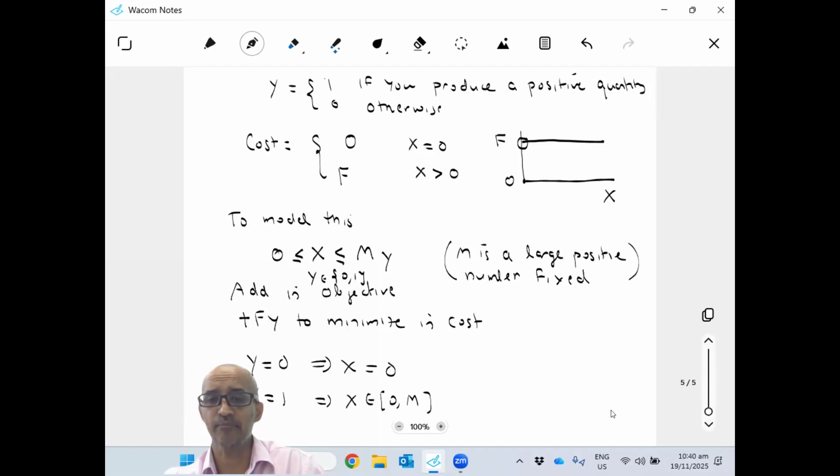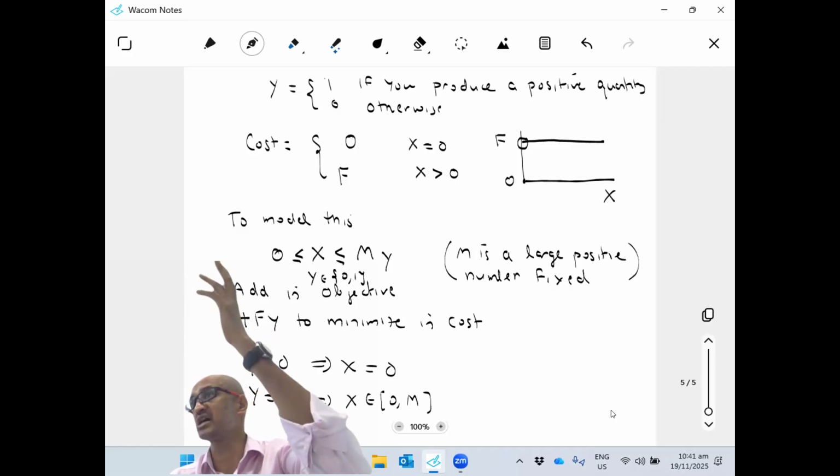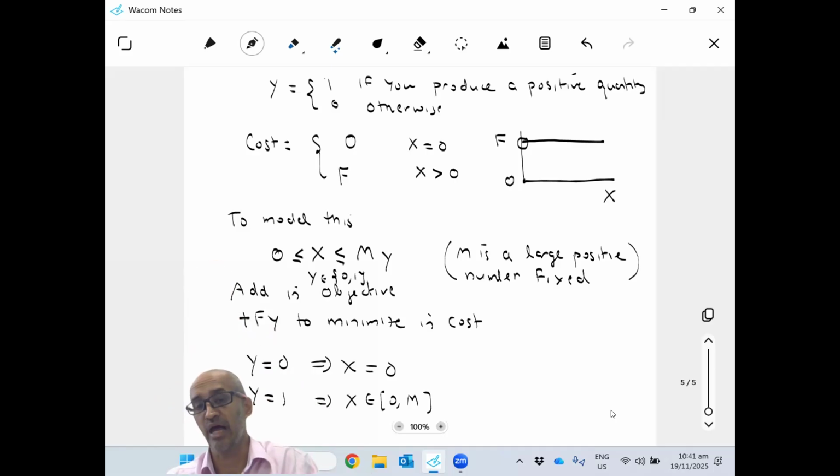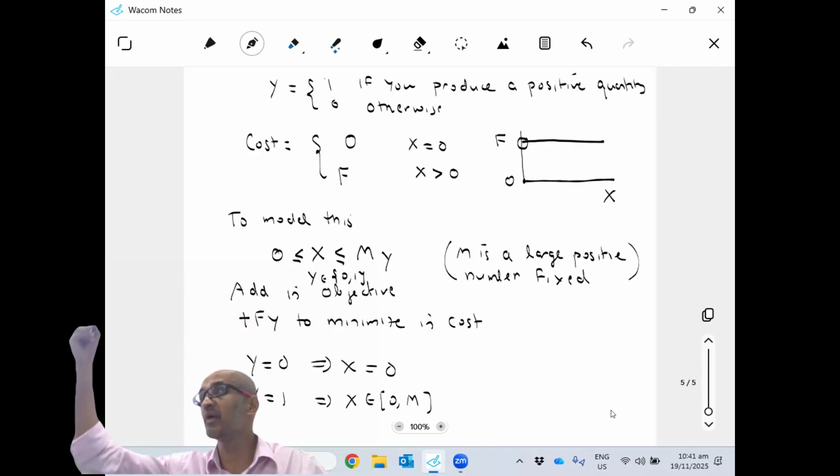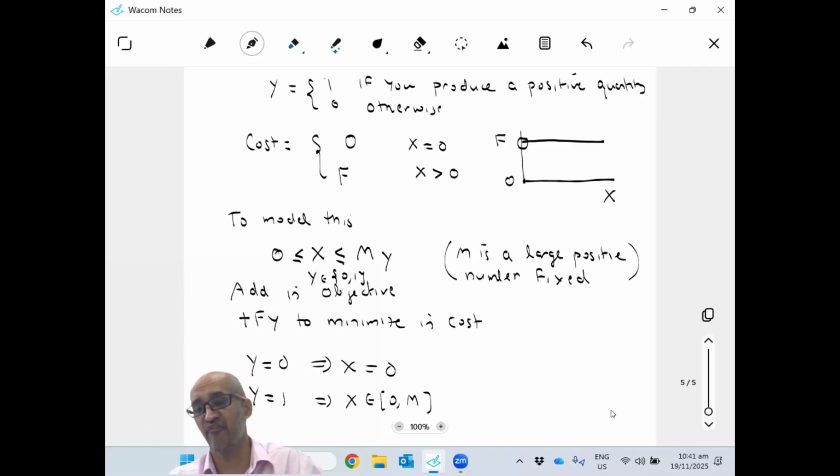Let's say I'm solving an optimization problem, and X is 0 in the optimal solution. I decide not to produce anything. Because I'm adding F times Y to the objective and trying to minimize costs, it will force Y to be 0. If X is 0, Y can be 0 or 1.